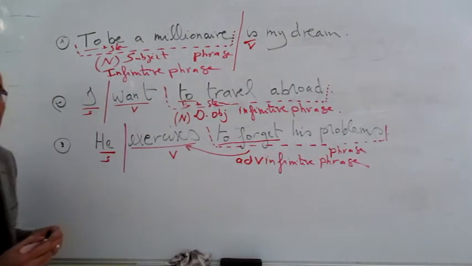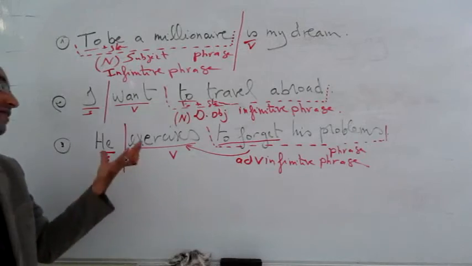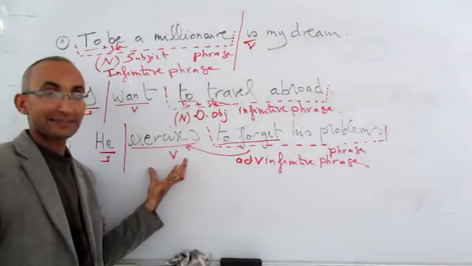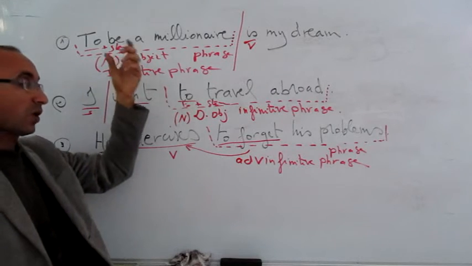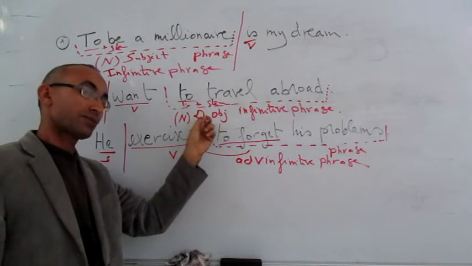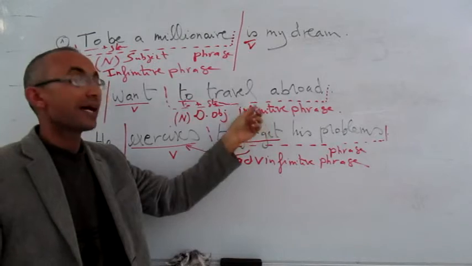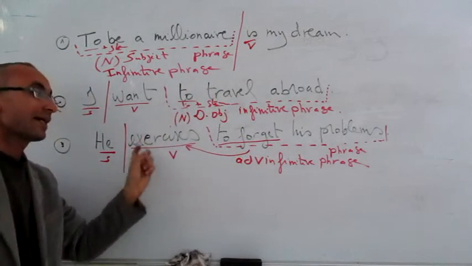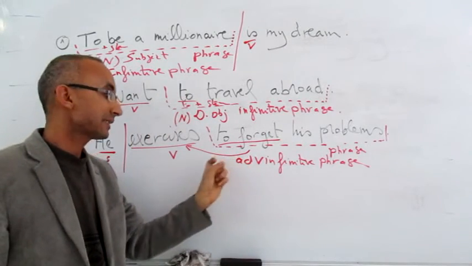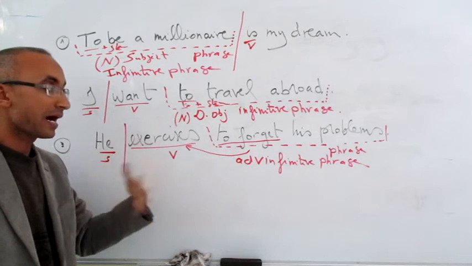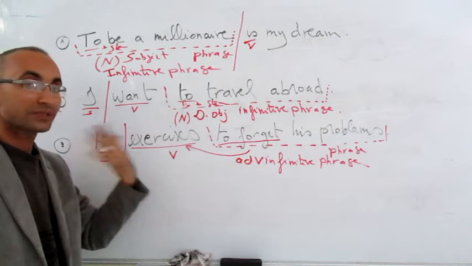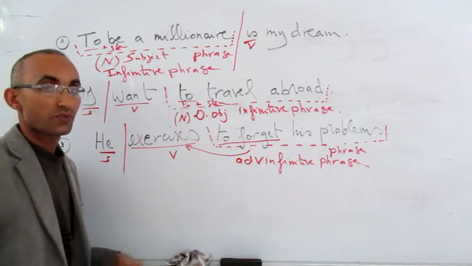Now as you see here, the infinitive phrase can act either as a noun, either a subject or a direct object, and so on. And it can also act as an adverb. Clear? So its functions are more than the functions of the other types of phrases.